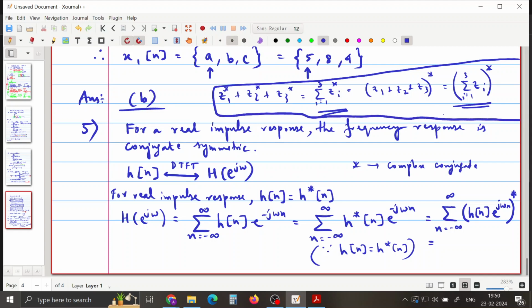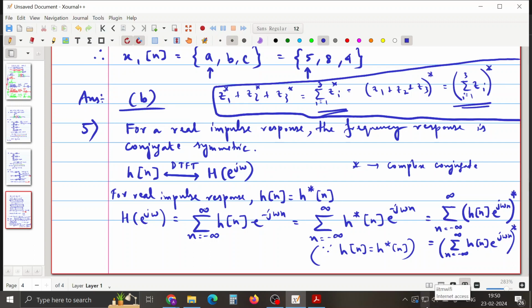So I can put this summation inside. That's what I wanted to say. So I can rewrite this as taking this summation inside this.